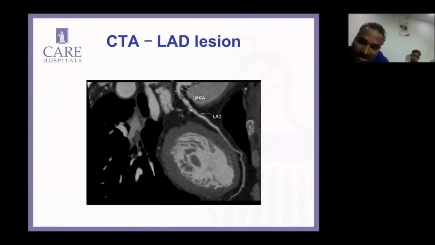On angio, I couldn't make out any lesion. I had a suspicion, but I couldn't say that this is a tight lesion. When I did IVUS, there was a tight lesion like this. And again, the origin of RCA is anterior. So in an anterior origin of RCA, we may tend to miss ostial lesions. I think this case reinforces the thought which I had all these days.